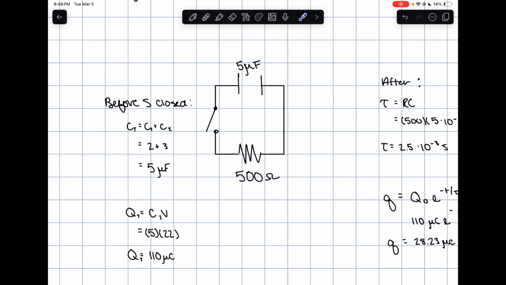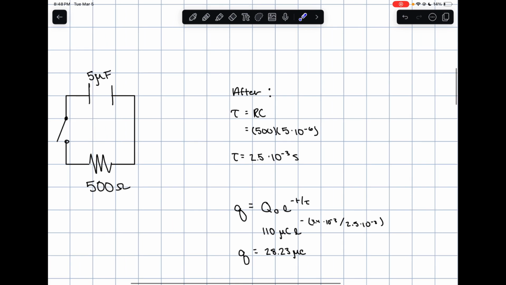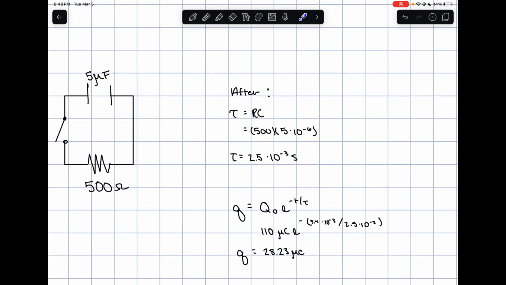Now, let's take a look at after the switch is closed. After the switch is closed, we can now look at our time constant, which is tau is equal to R times C. We just found our equivalent capacitance of 5 microfarads, or 5 times 10 to the negative 6 farads, and we're given the resistance of 500 ohms.